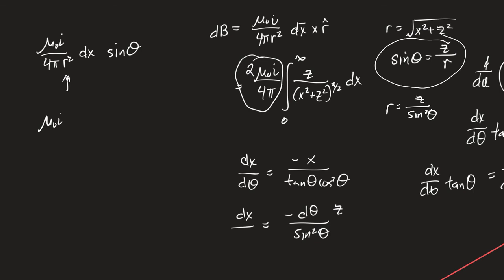So the first sub. Isn't that just sine? Yeah, I'm sorry. I'm thinking ahead where I have to square it. So I have r squared here. So that's going to be sine squared over z squared. I'm just replacing the r.